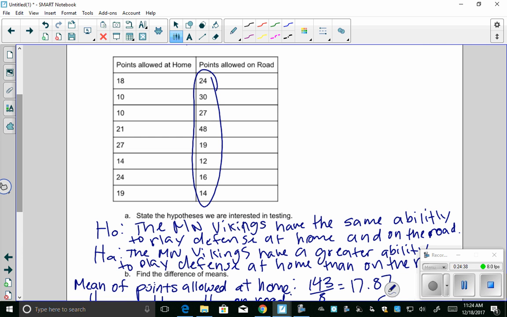Put them in order. And what? 27? Okay. So what two numbers are in the middle? 18 and 19. Add them up, divide by 2, and you get 18.5.